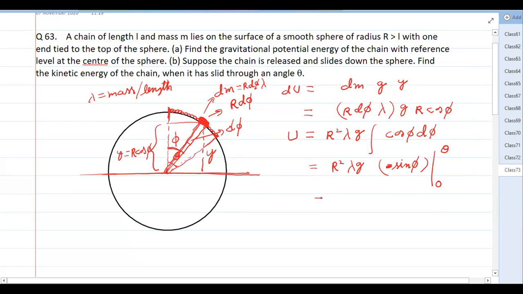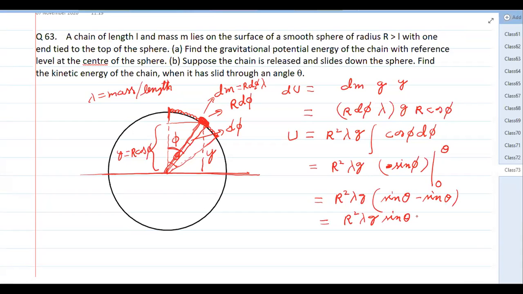So it will be r square lambda g into sin theta minus sin 0, or r square lambda g sin theta. So in this way we can solve it. This is the value of potential energy. Now how much will theta be?